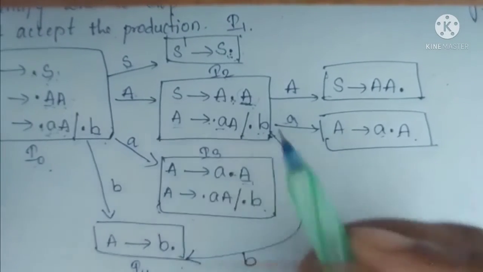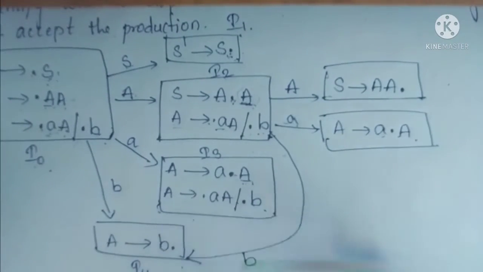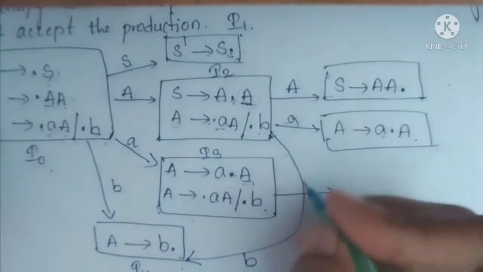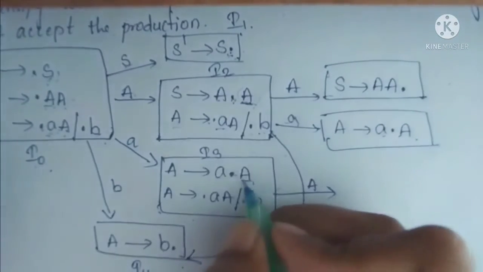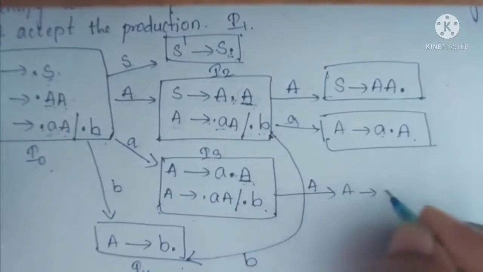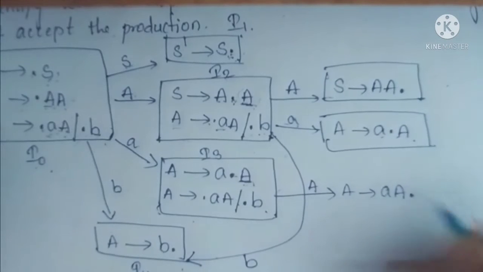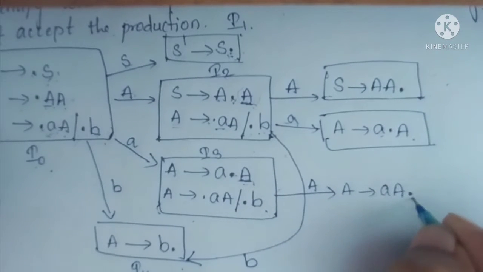Then coming to the I3 state. So what happens? Take the capital A. So this symbol A tends to A, capital A dot. We have shifted the dot symbol here.